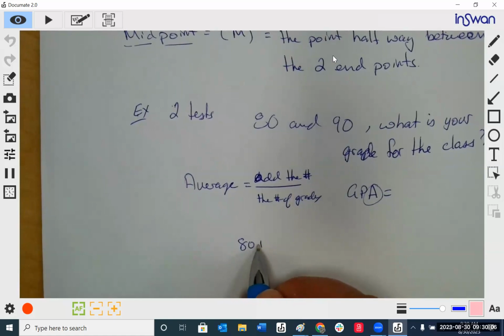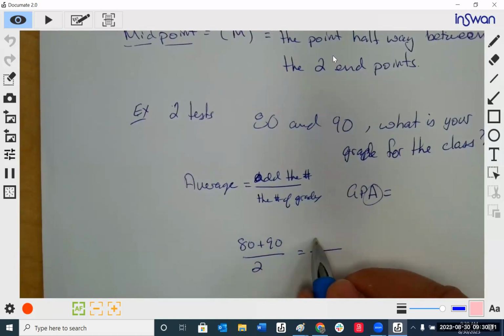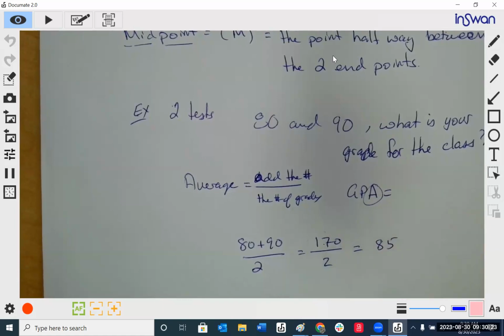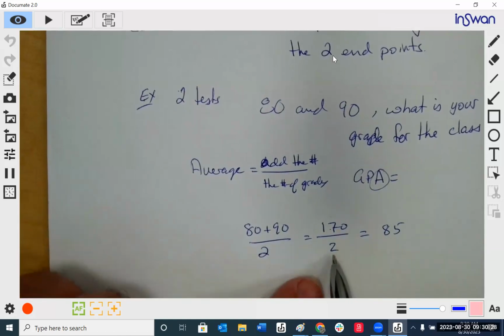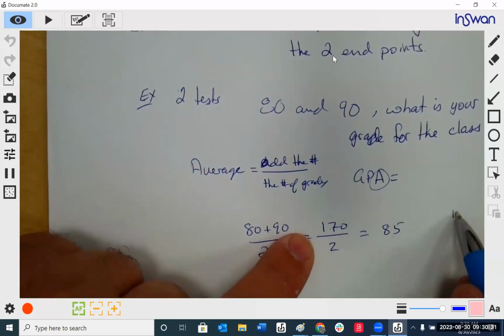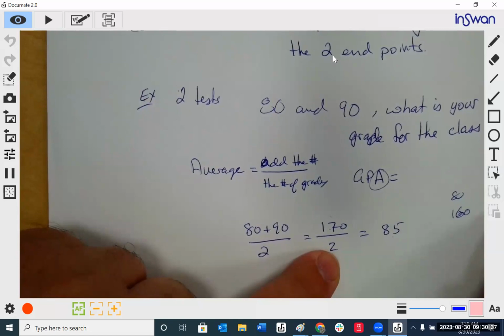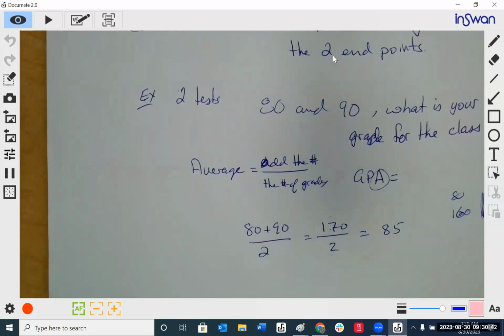So we have 80 plus 90 divided by 2. 80 plus 90 is 170, and half of 170 is 85, because 2 times 80 is 160 and 2 times 90 is 180, and 170 is right in the middle of it. So your average is an 85.